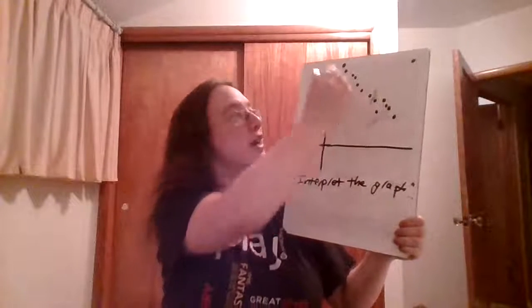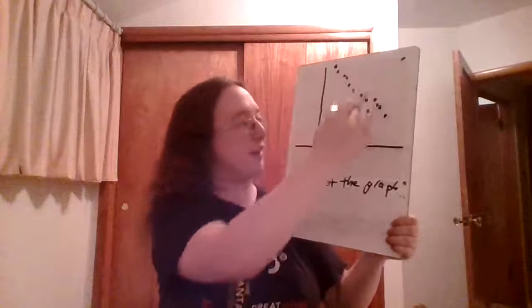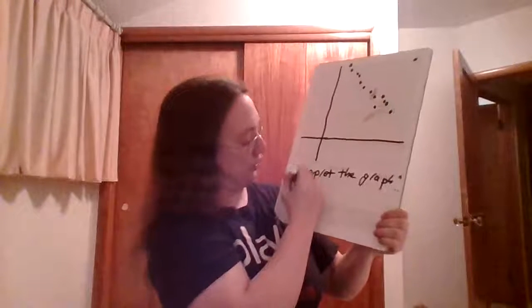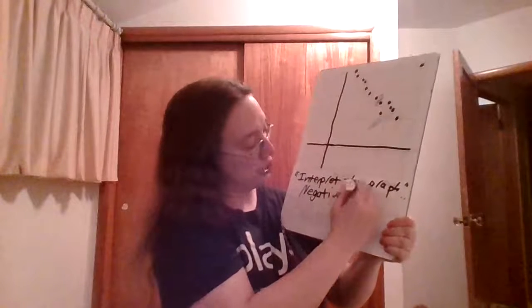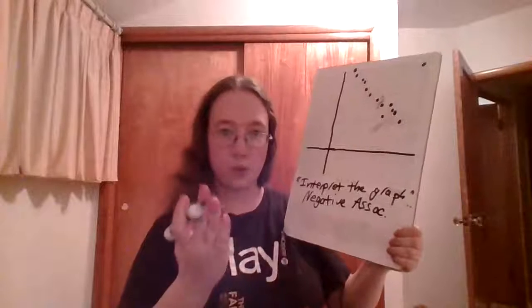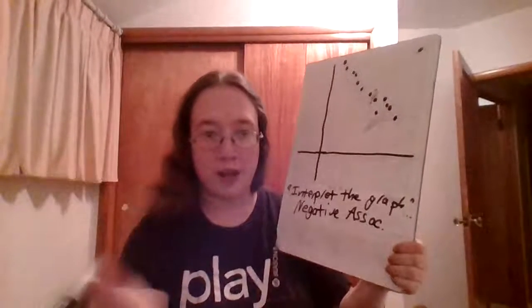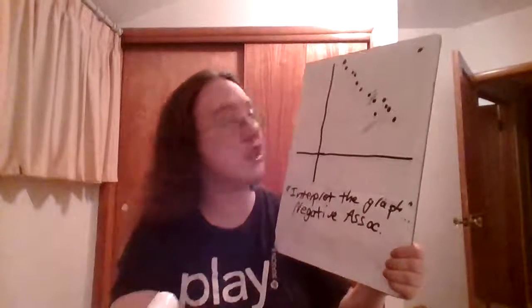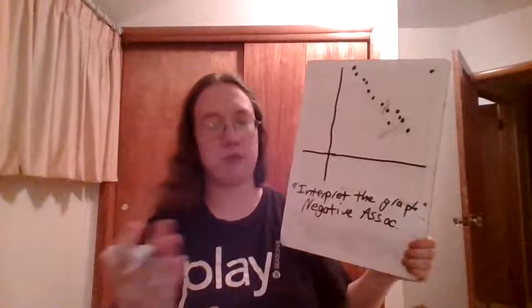So left to right, our graph is going more or less down. We got this little point out here that's not, but for the most part, this is going to have a negative association. Cool. And again, linear or not. More or less, I would say this graph is pretty linear.